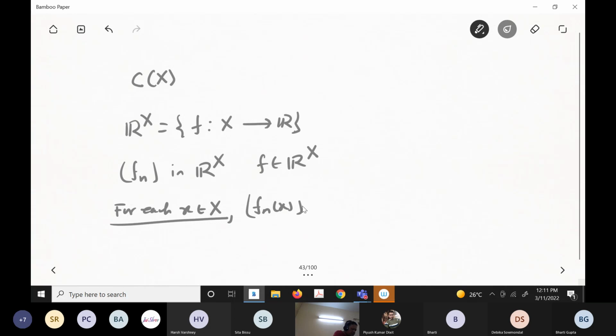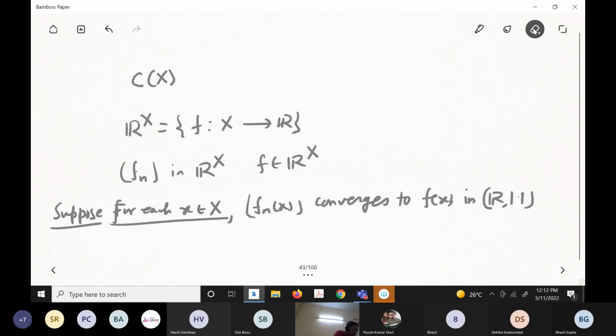So f_n(x) converges to f(x) in R. Suppose for each x you have this, actually it's a sequence of real numbers, then we say that f_n converges to f pointwise.